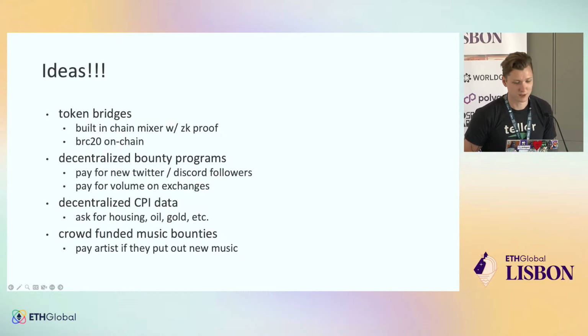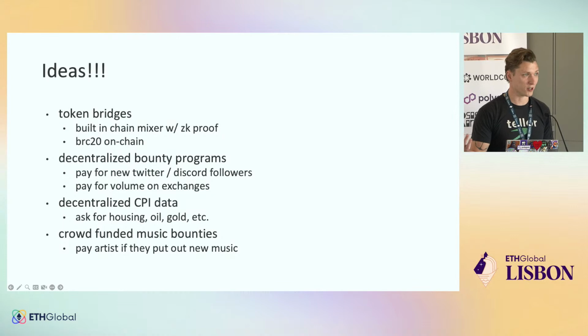So, some cool ideas. I also want to see somebody do a BRC20 on chain. You could use an oracle to go grab ordinals data from the Bitcoin blockchain, tokenize them, put them on the Ethereum network, and maybe get some of the maxis on board. Other things: bounty programs. We've seen people do this with oracles.